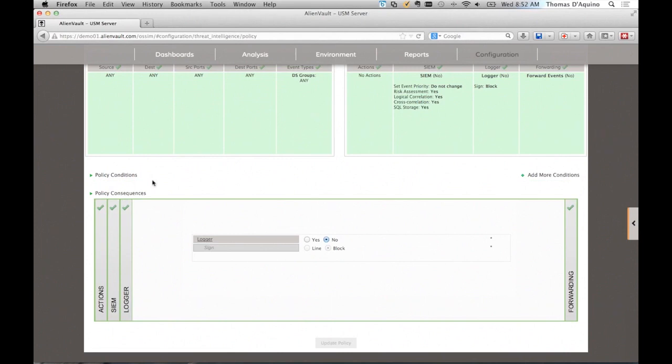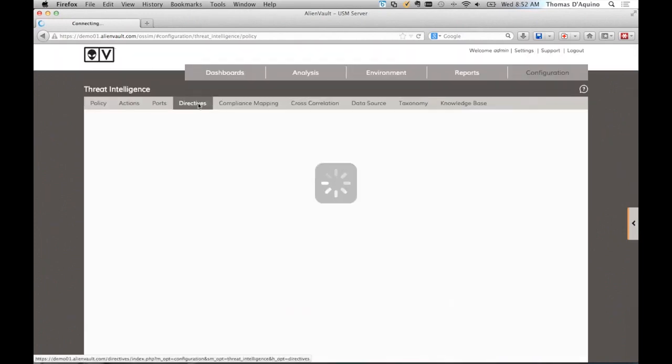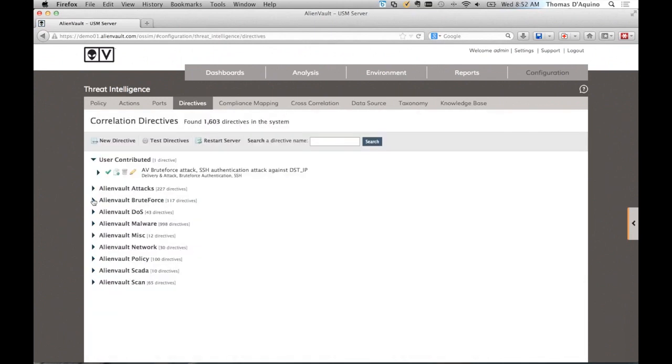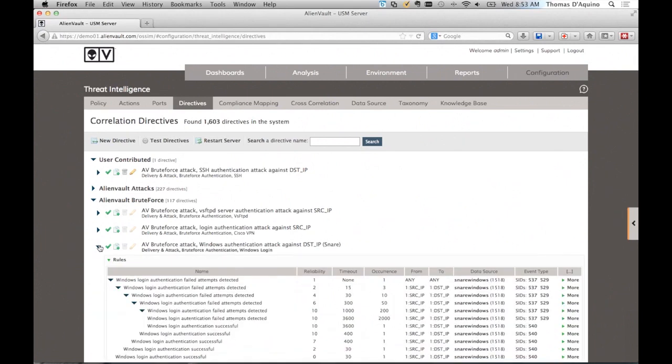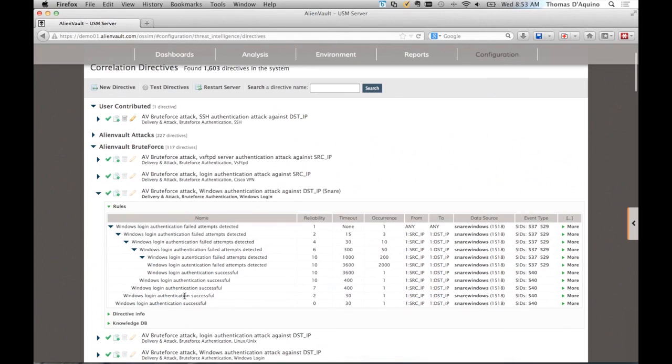So the policies help you focus on that, and then the directives help us focus on essentially identifying who is the authentication that's occurring most relevant for, right? So we can use correlation directives, for example, where we have a number of these built in that are looking for repeated authentication failures, for example, from a particular host, followed by a successful authentication.